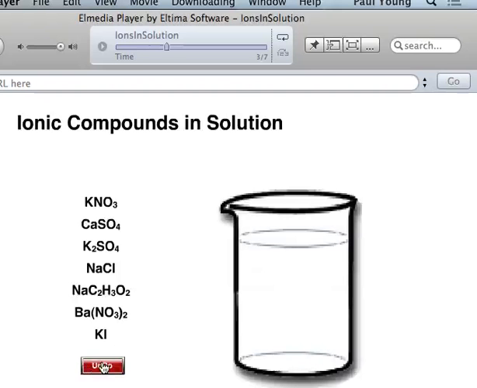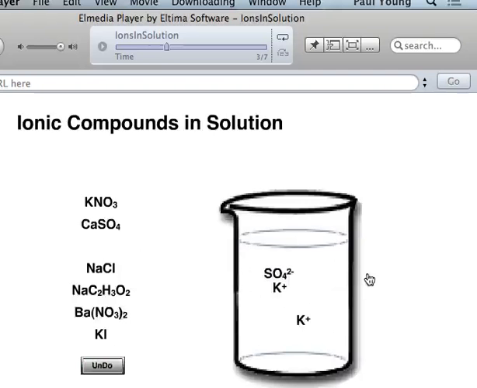All right, what if I took barium nitrate, put it in solution? Again, I get 1 barium and 2 nitrates just bouncing around merrily. And what if I took potassium sulfate in solution? 2 potassiums, 1 sulfate, all bouncing around.